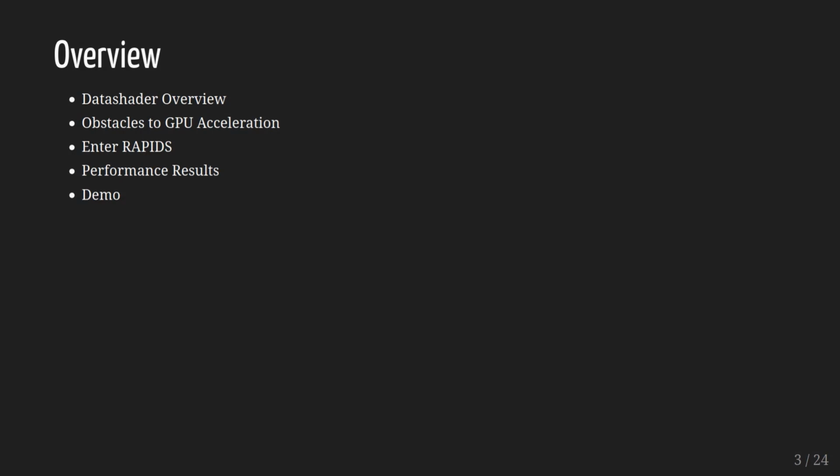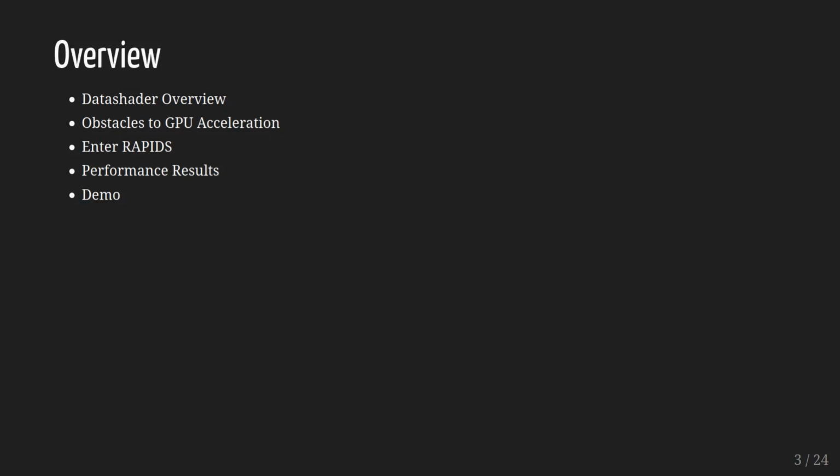Here's an overview of what I'm going to cover. First, I'll introduce Datashader at a high level for folks who aren't familiar with the project. Then, I want to talk about some of the obstacles that the project has faced in the past when considering adding optional GPU support.